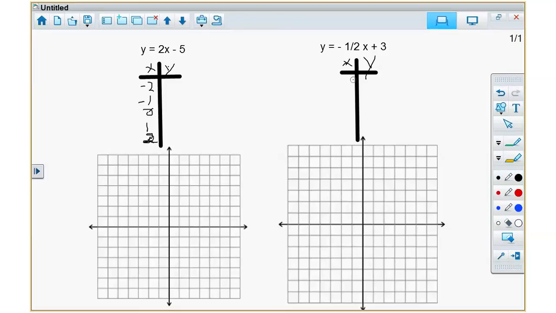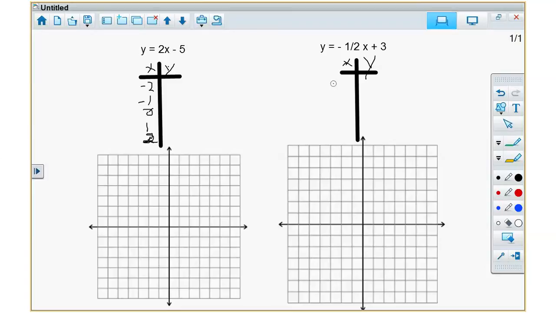What am I going to pick for this one? What do we have in this one? What is that? A fraction, which means it has a denominator. 10% of the time, you're going to use multiples of the what?